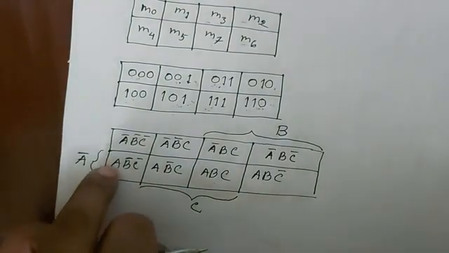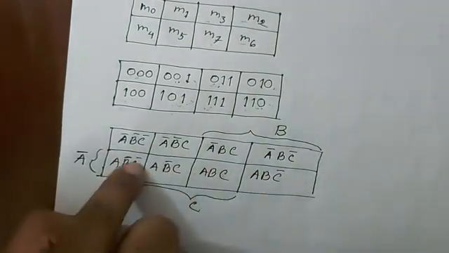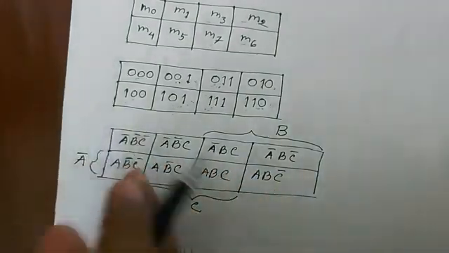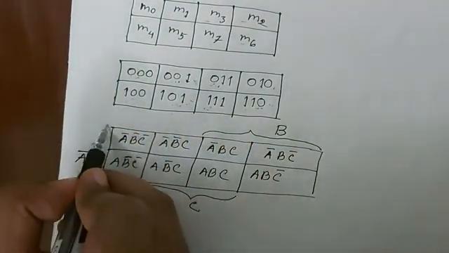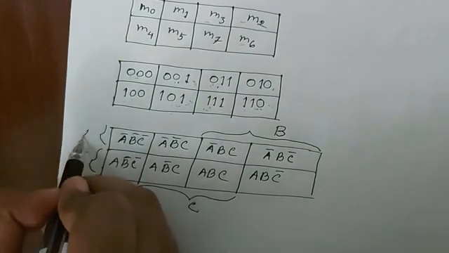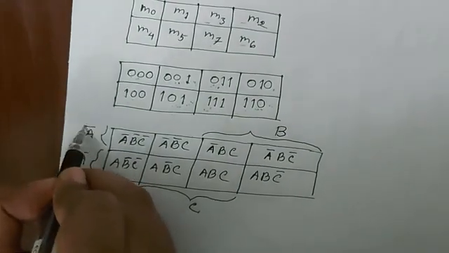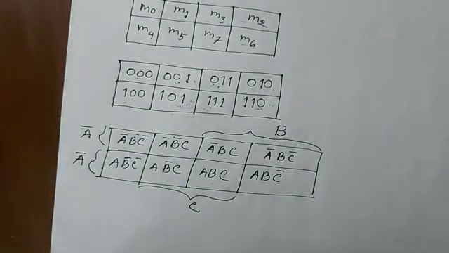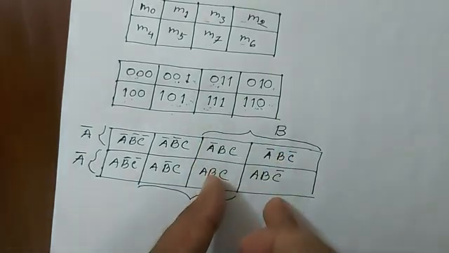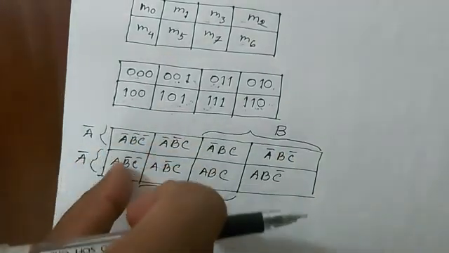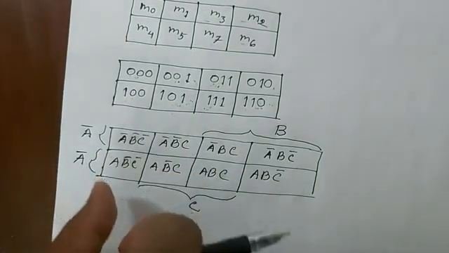Now if this last row is for A, then obviously this first row is for A prime, right? If these two columns are for B, then obviously these two columns will be for B prime, right?